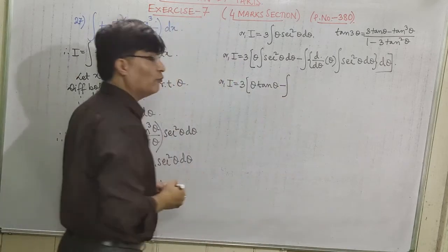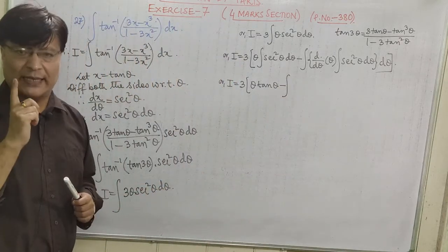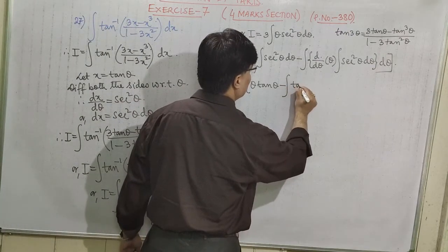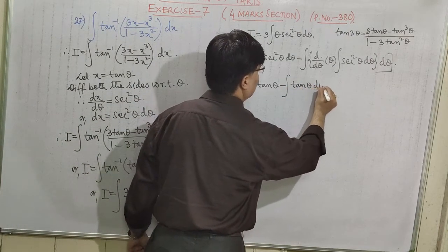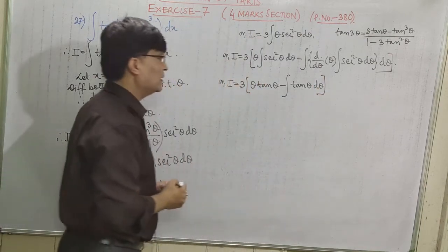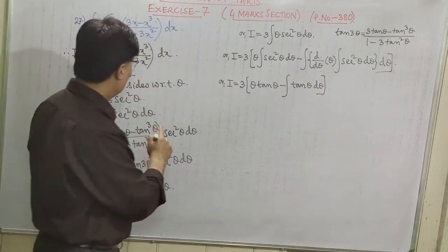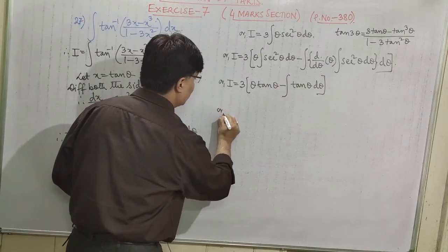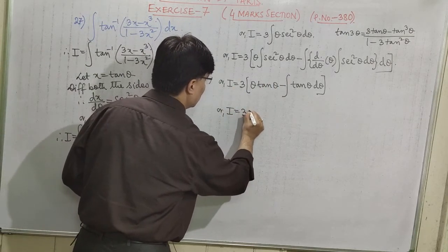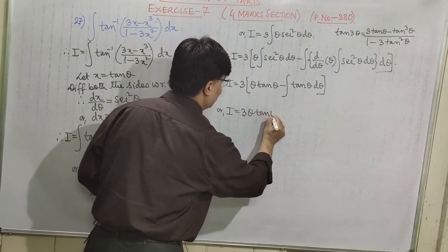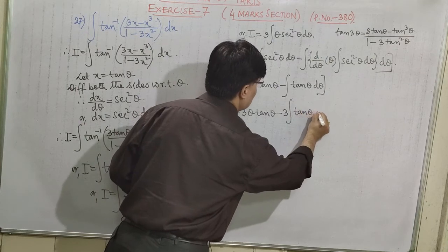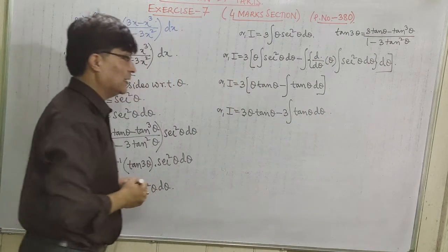Minus integration of, what is d by d theta of theta? That is your 1. And what is integration of sec square theta d theta? That is your tan theta. Then d theta. Here third bracket is closed. So now in this case, let us multiply by 3. I is equal to 3 theta tan theta minus 3 integration of tan theta d theta.